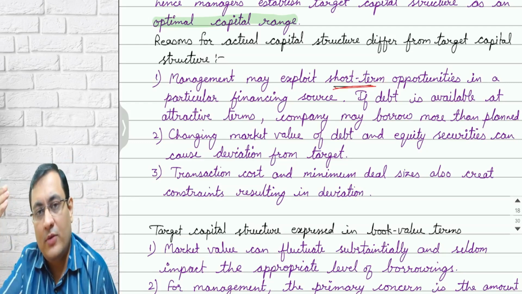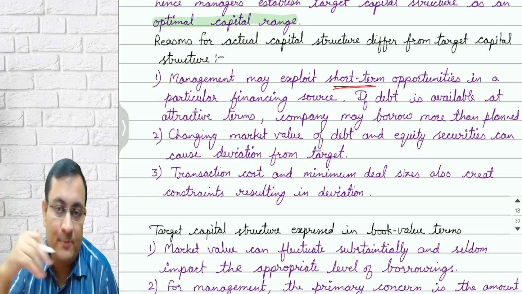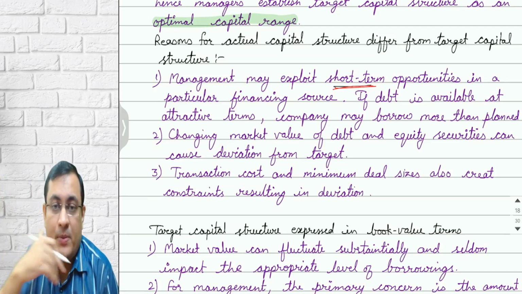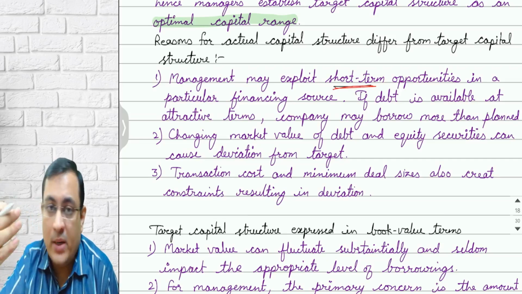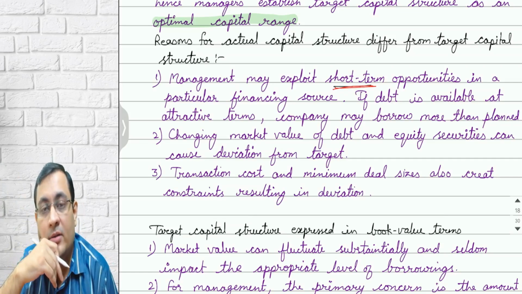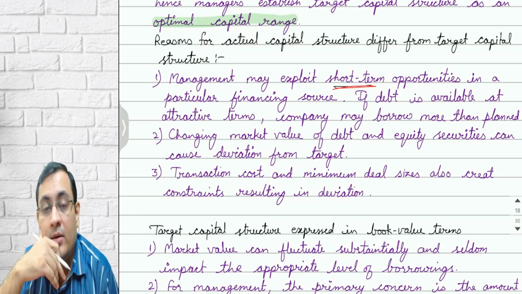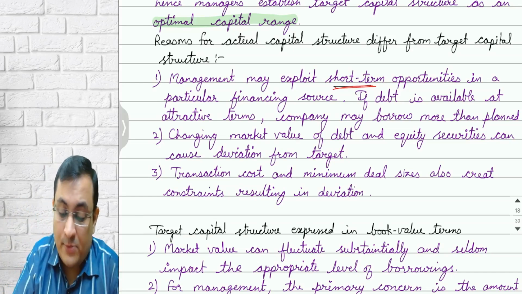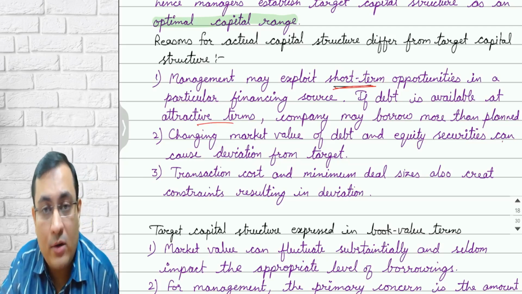Sometimes because of a reduction in central bank rates, debt is available at a very cheap rate. To exploit that opportunity, management may raise more finance from debt than what is there in the target capital structure. So management may exploit short-term opportunities in a particular financing source. If debt is available on attractive terms, the company may borrow more than the planned or target rate.